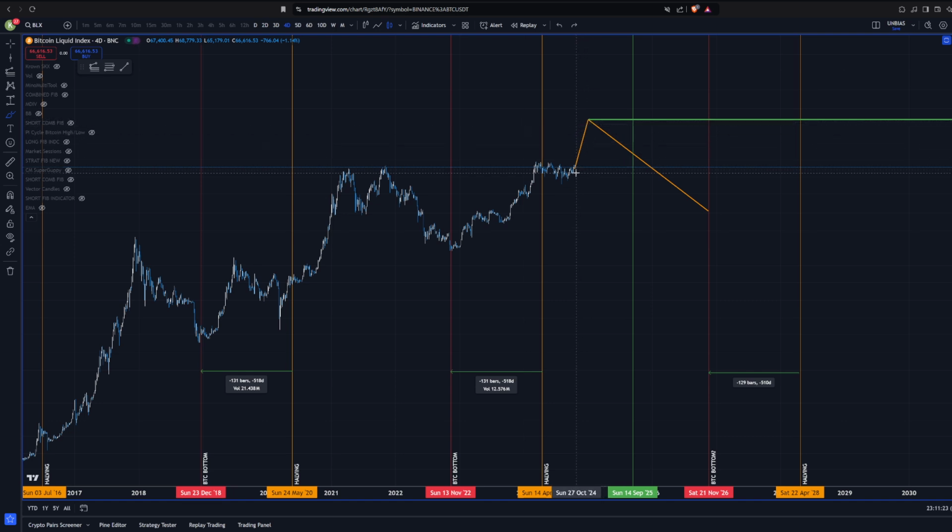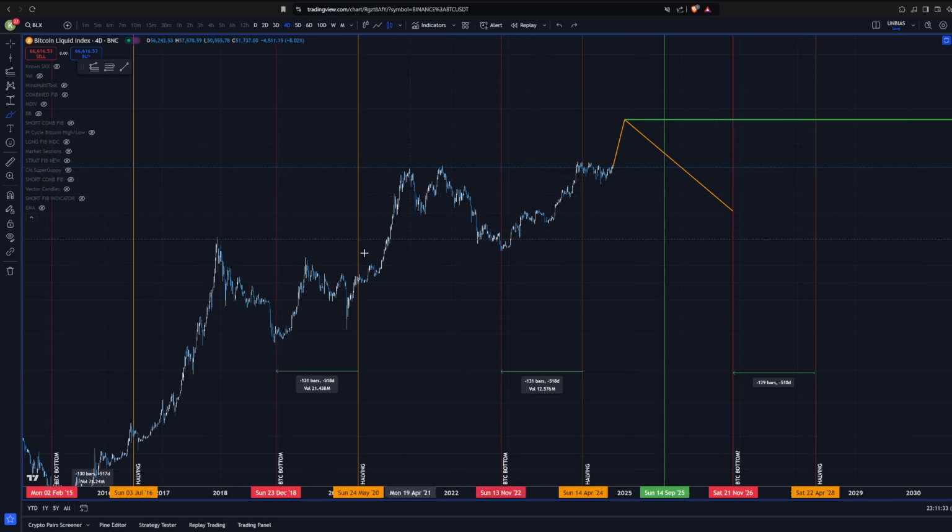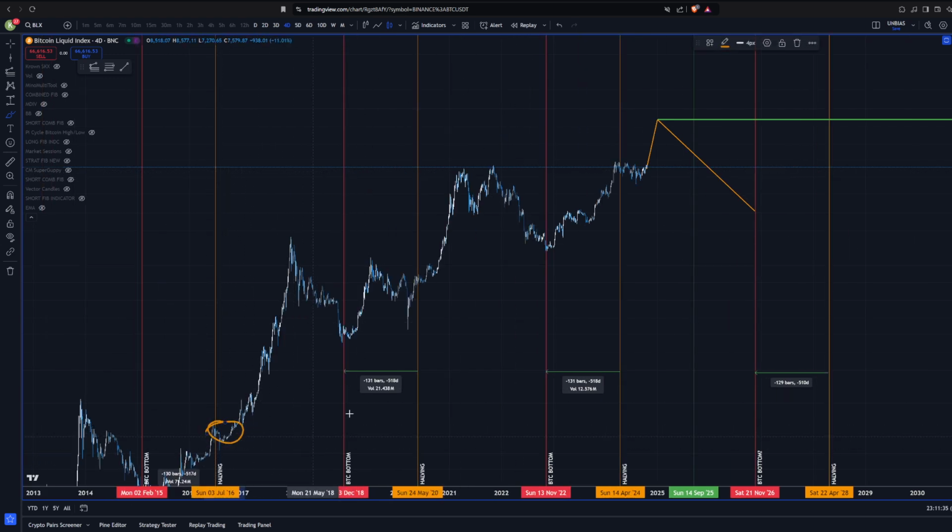If that does not occur and we start to break into this area, which is unlikely from the cyclical nature of this cycle, where after the halving, a consolidation period occurs, right? Before the parabolic move starts.